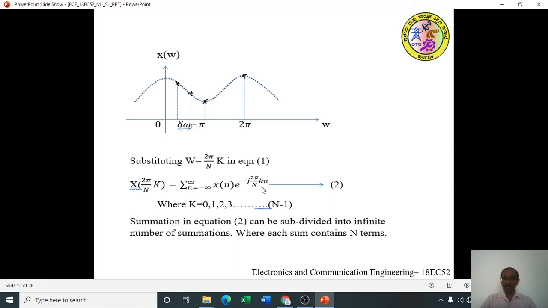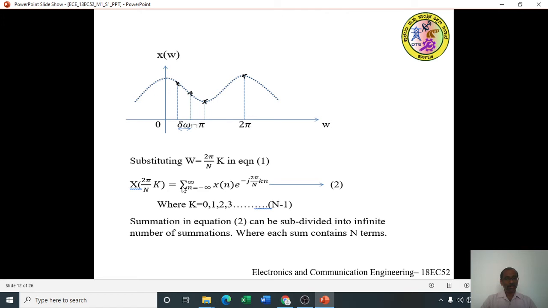Now I have replaced omega by 2 pi by N into k, where k is an integer varying from 0 to N minus 1. See the beauty of this particular DTFT concept. The spectra is periodic. After every 2 pi, the same signal is repeating. So the summation is varying from minus infinity to plus infinity.